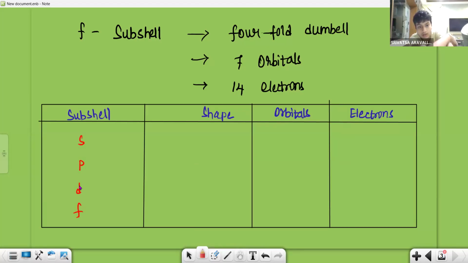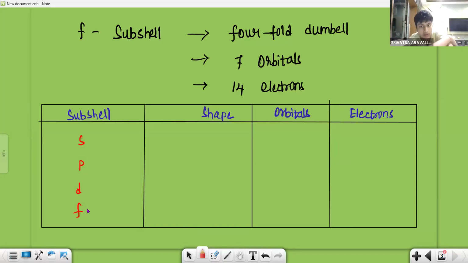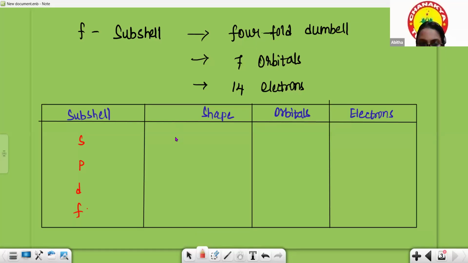So we have 4 subshells here: S, P, D, F. What is the shape of the S subshell, Srivatsa? Spherical, ma'am. Very good. S is spherical in shape.